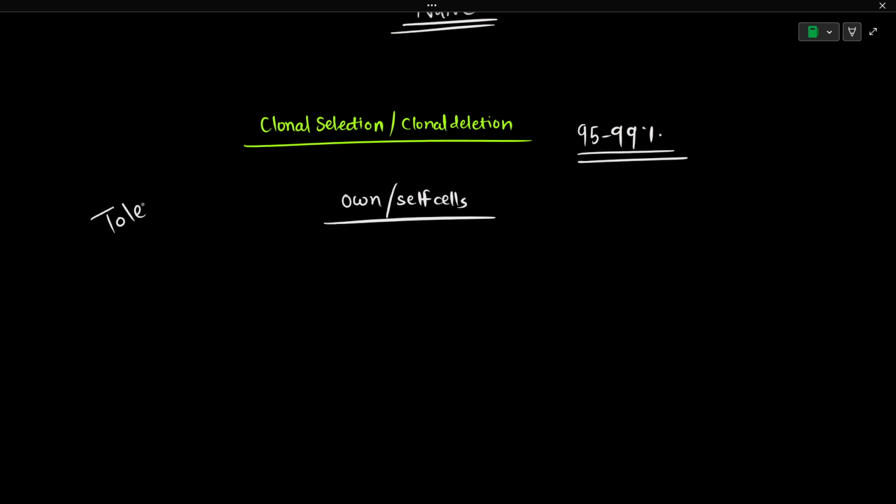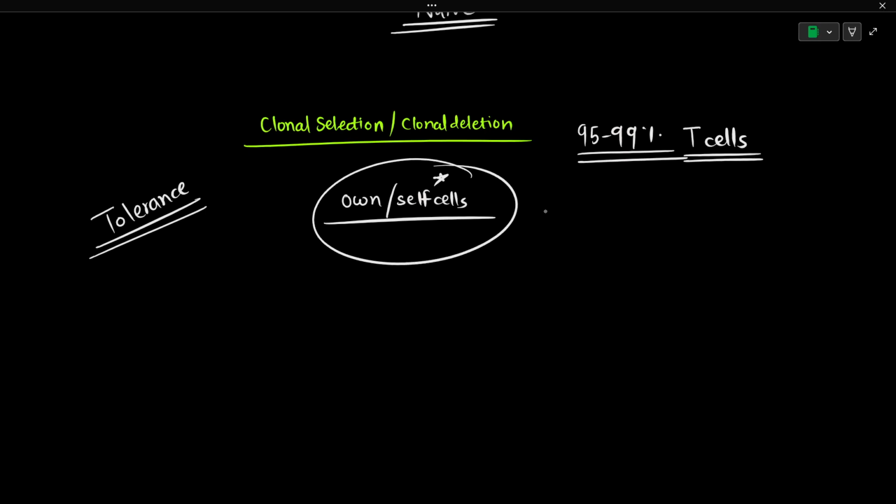They need to have tolerance, meaning the cells of our immune system should not react to self cells. So clonal selection or deletion is a phenomenon where the T cells which show reactivity to the self antigens, or which show no reactivity to the non-self antigens, will be rejected. This particular phenomenon is known as clonal selection or clonal deletion.